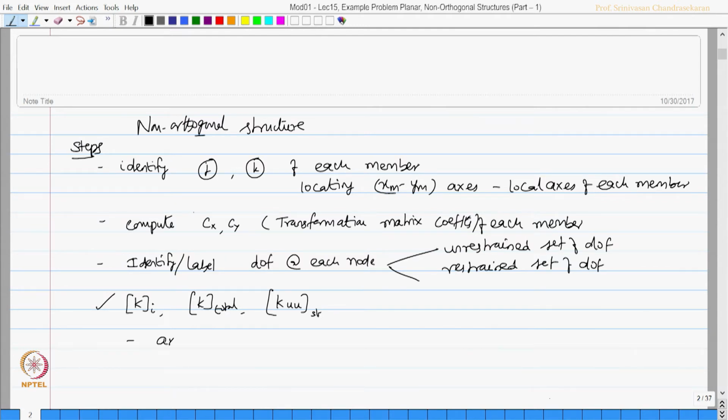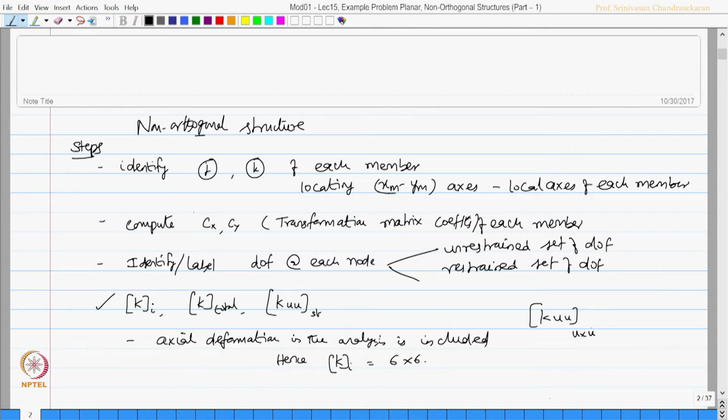Since we are including the axial deformation in the analysis, hence the size of the stiffness matrix of each member will be 6 by 6, and the size of the unrestrained stiffness matrix of the complete structure will be the unrestrained degrees of freedom. So, we have to be very clear about the size of different sub matrices in the given stiffness matrix.